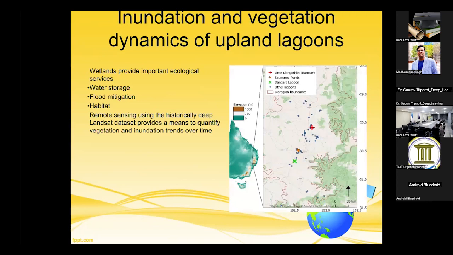This is important. First we classify into vegetation and inundation regions, and then over a time series, we calculate the percentage changes in the vegetation and inundation areas of any geographical region that we can think of.